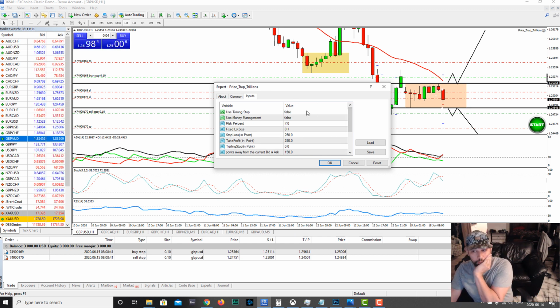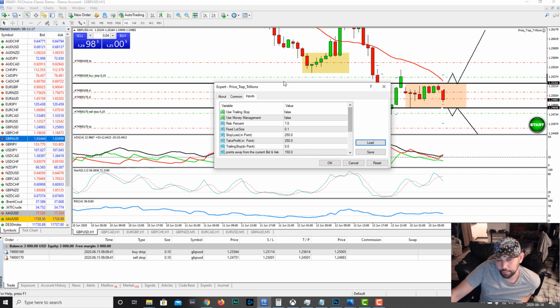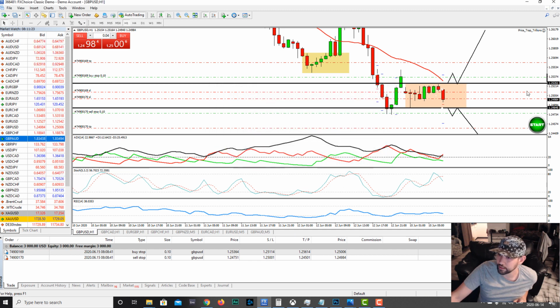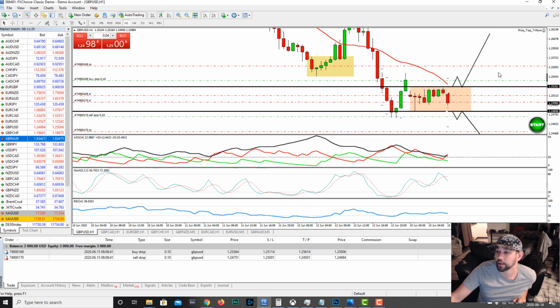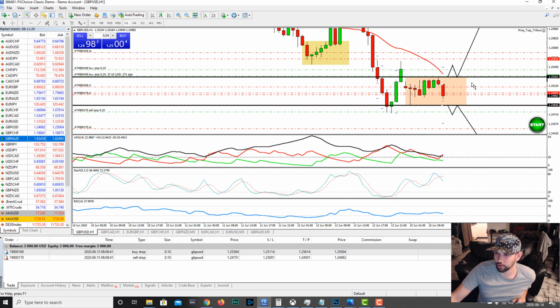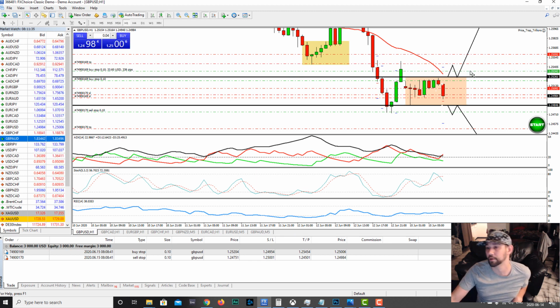Okay, so once we have that set up, I usually load my forex pairs preset, and like I said, I'll be hooking you guys up with that. And it is set to what I want it to do, and that's exactly what happened when I put it on the chart. Now, when I did put it on the chart, you'll notice that it was more in kind of this direction, and it wasn't exactly where I truly want it to be.